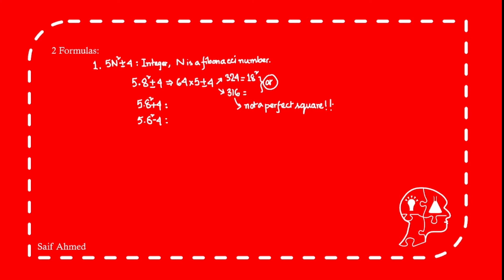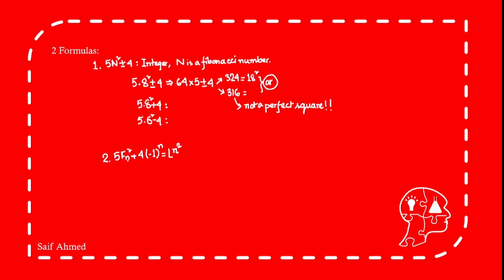After that, I would like to write our second formula. This formula includes this assertion: 5f(n)² + 4 times (-1)^n is equal to L(n)².